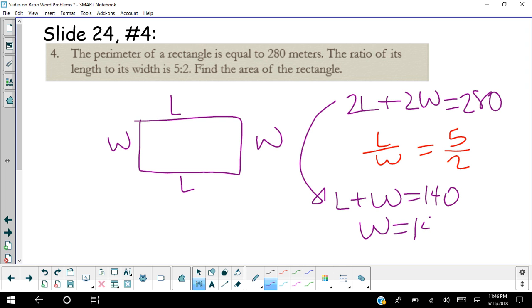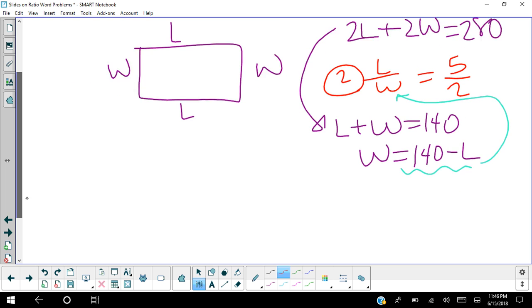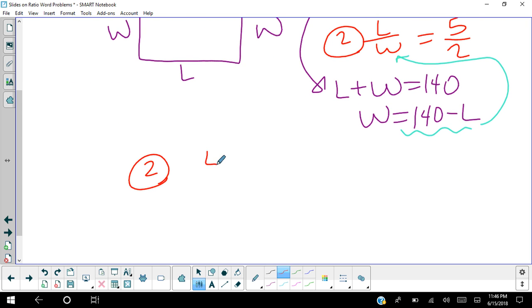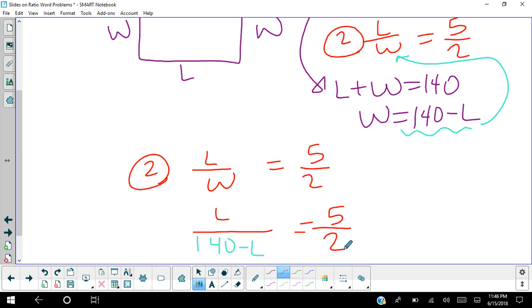So W equals 140 minus L, and then I'm going to take that and plug it into the second equation that also had L's and W's in it. So instead of L to W equals 5 to 2, I'm now going to have L to 140 minus L is equal to 5 to 2.